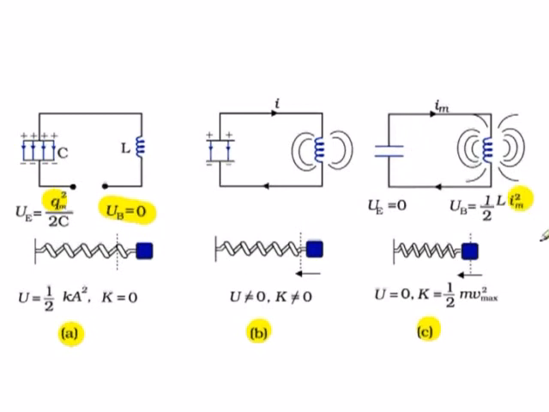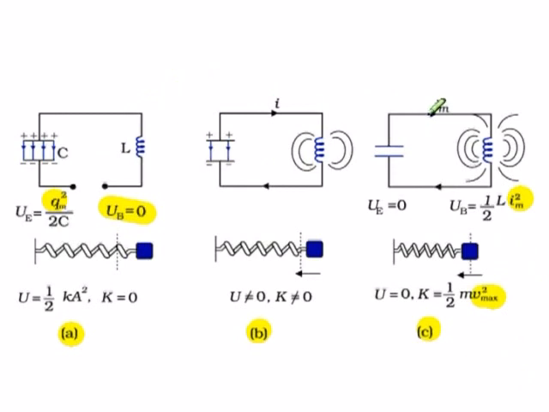So energy is nil electrical at the capacitor and all magnetic at the inductor. Comparing this with the oscillations of a spring, it is similar to a case where the mass is at the mean position. For this, U, the potential energy, is 0, and kinetic energy is maximum, which is half m v max square, as you can see here.